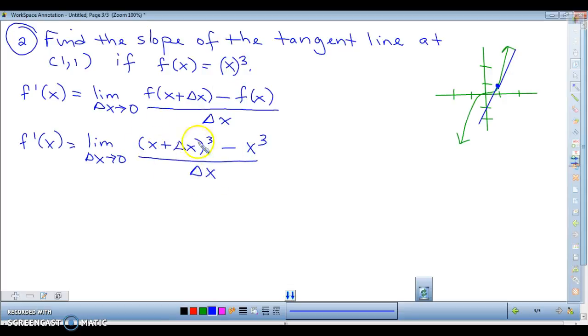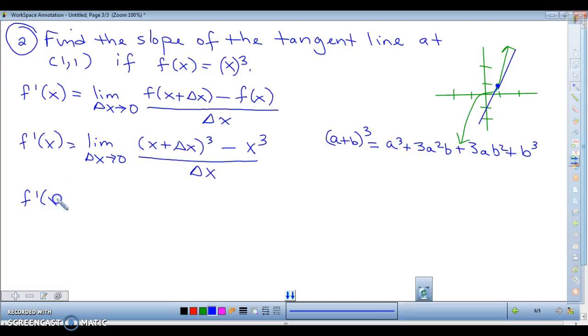Okay, I'm going to expand this by using the formula that (a plus b) to the third power is a to the third plus 3a squared b plus 3ab squared plus b to the third. Alright, memorize that, we use it a lot.